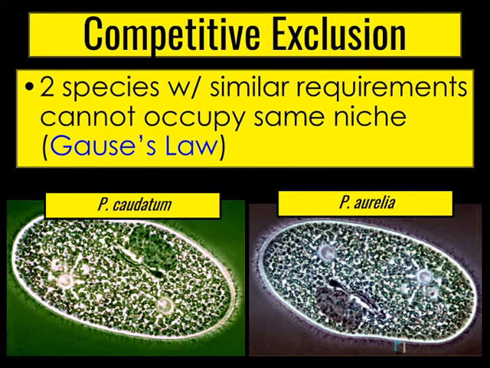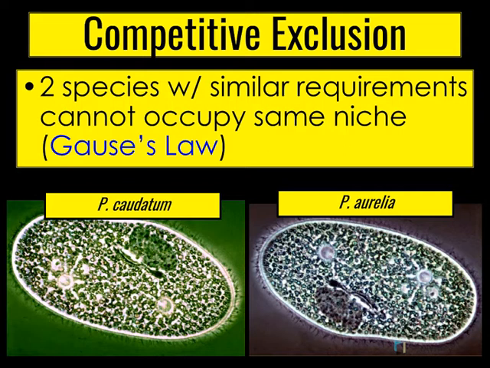So let's take a look at what's known as the competitive exclusion principle, which may have been covered in a previous course like biology you've taken. This basically states that no two organisms can live in the same environment if they have similar requirements or they require the same resource.